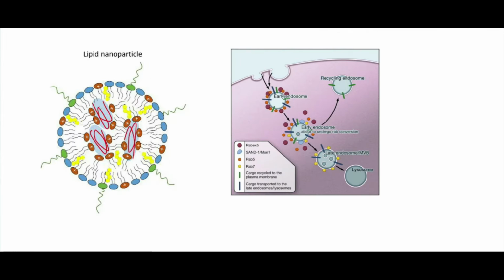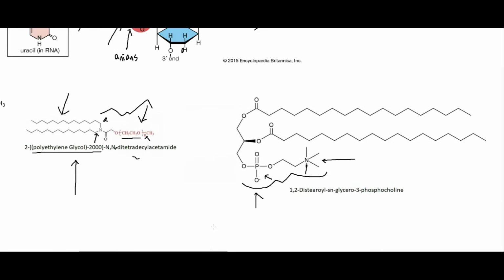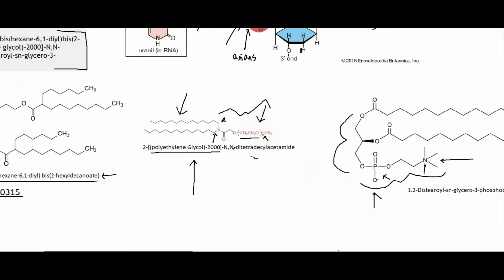And this is a schematic of a lipid nanoparticle here. These little football shapes are the heads of the lipids. The head on this one would be this part right here. The head on this one would be this part right here. And this zwitterionic part over here would be the head on that one.